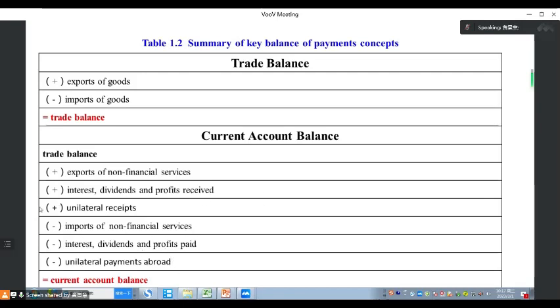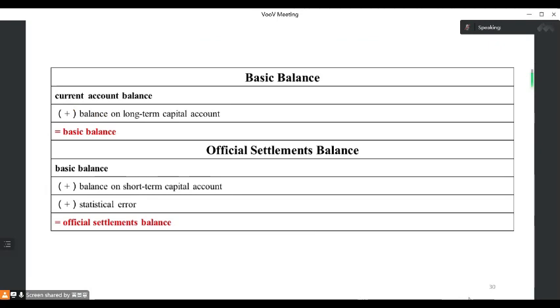We should remember these items, and together they will finally equal the current account balance. Let's go on.